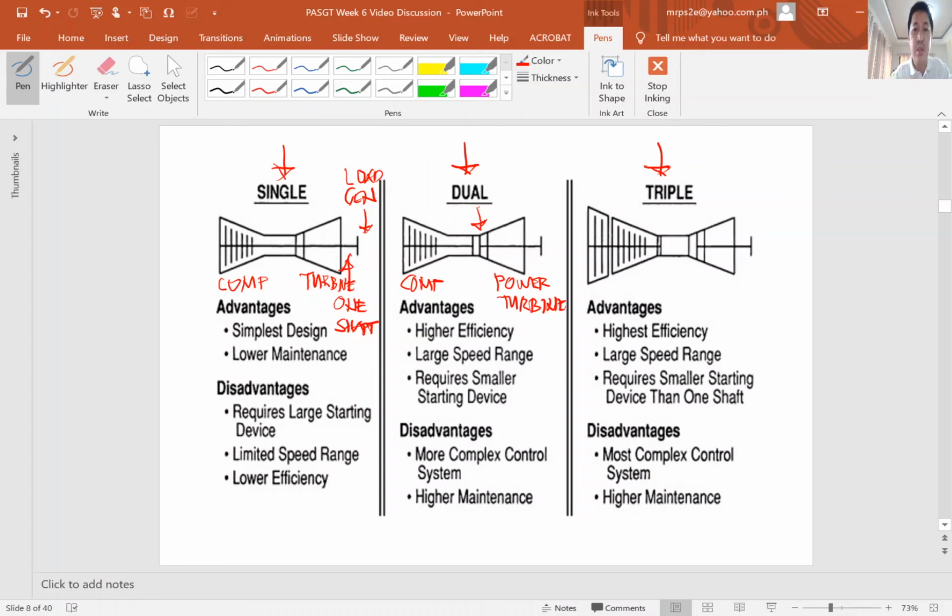So they are separated in two shafts. So the first shaft is here, you see, and here is the second shaft.